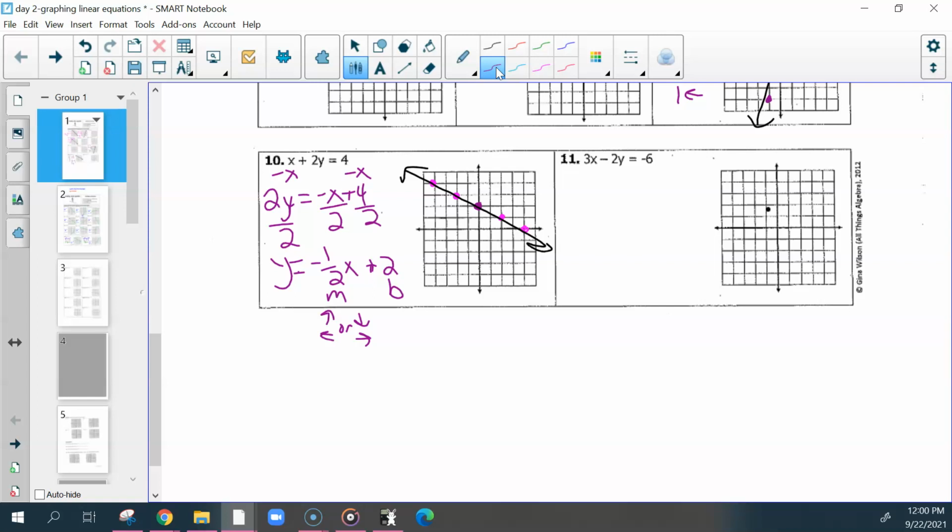For 11, same thing, get rid of your x term by subtracting and moving it to the other side. On the left one, I'm going to switch these, negative 3x minus 6 on the right. And divide everything by negative 2.